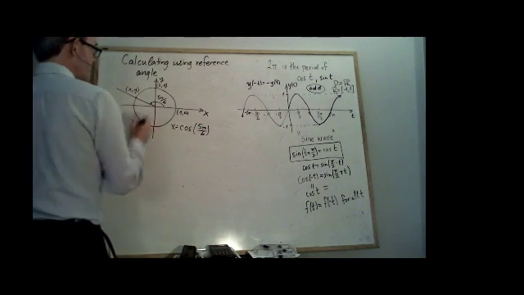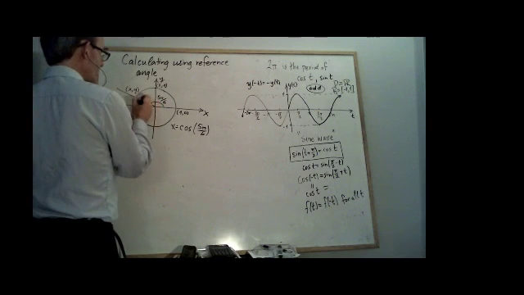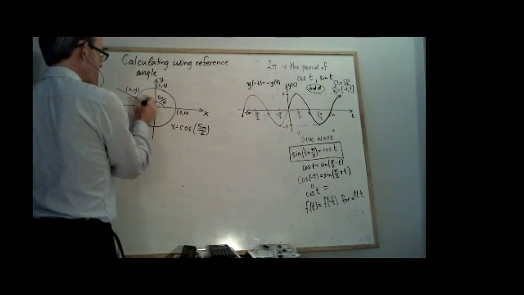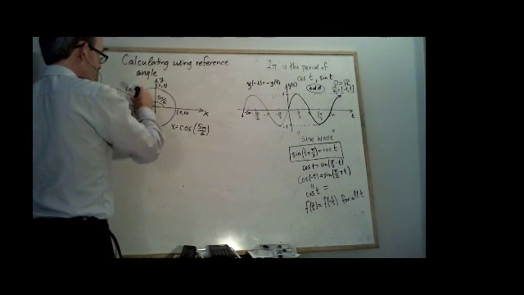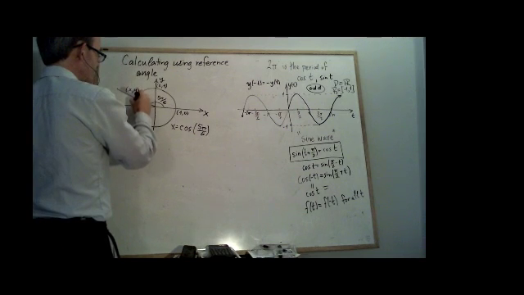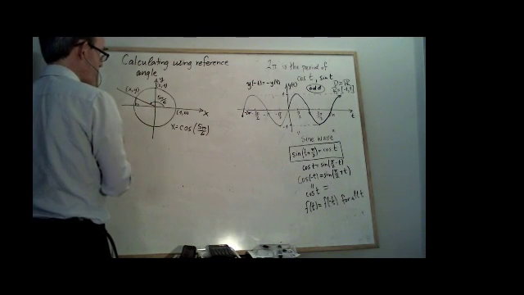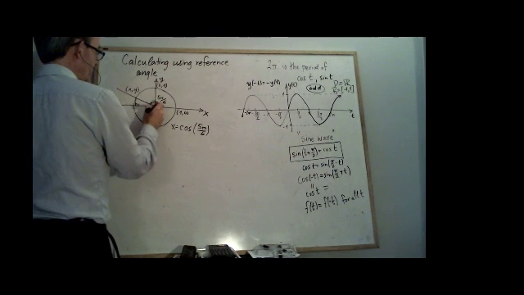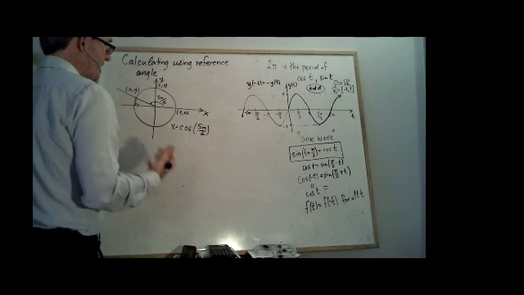Now the way to do this using a reference angle is you complete a right triangle under this point by dropping a perpendicular, or lifting a perpendicular, to the x-axis. So that's a right angle. Now what is the reference angle? Remember how we define it.